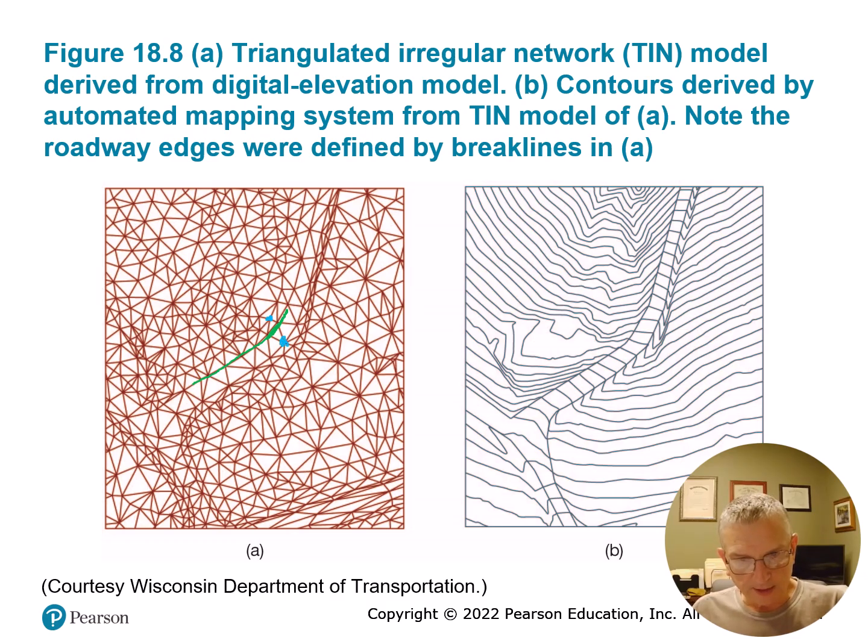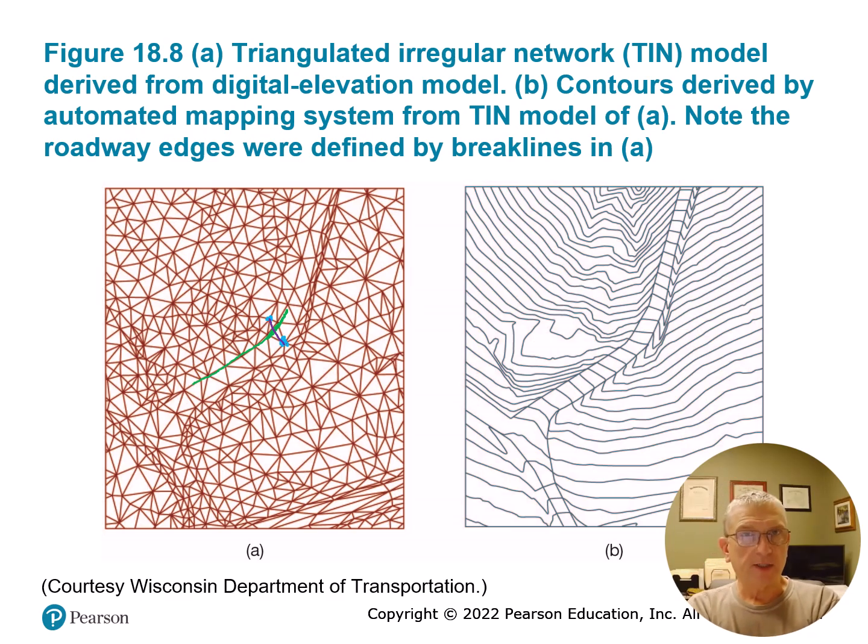Now, if I was to take purple and interpolate from blue point to blue point, remember I'm saying that within a foot or less, depending on the contour interval, it is a three-dimensional straight line from one point to another point that we interpolate on. The green line is a break line.